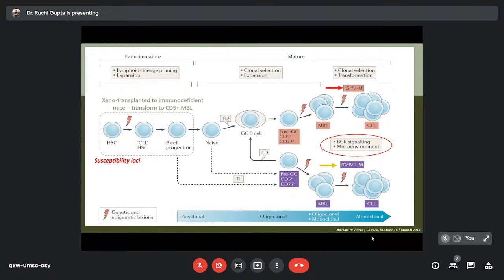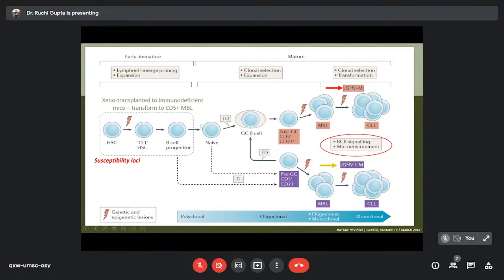It is from a Nature Reviews article, where they have shown the cell of origin and other abnormalities which are known to happen in CLL. As I already mentioned, genetic and epigenetic lesions are supposedly there even in the hematopoietic stem cell, which leads to a CLL type of hematopoietic stem cell.